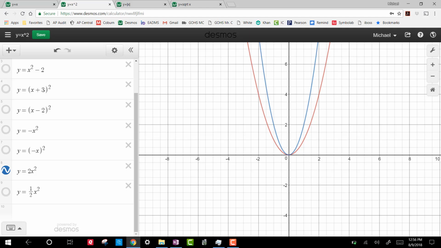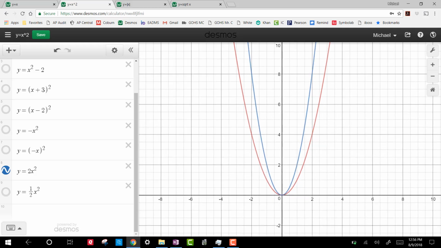But now this next point is 1, 2. All right. Now this is kind of important that you see this. On the parent function, my next point was 2, 4. Look at where it's at on the blue function. 2, 8. It's twice as high as the previous point.